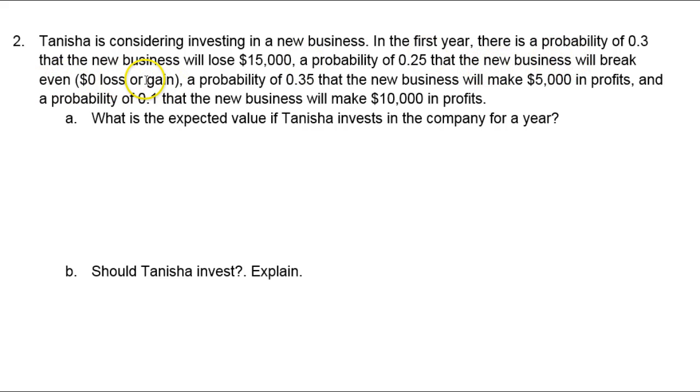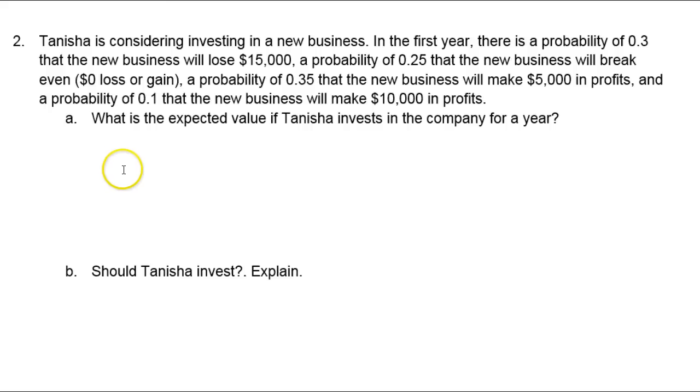They won't lose or gain anything. And there's a 35% probability that the new business will earn $5,000 in profits. And there is a 10% probability that the new business will make $10,000 in profit. So, what is the expected value if Tanisha invests in a company for a year?